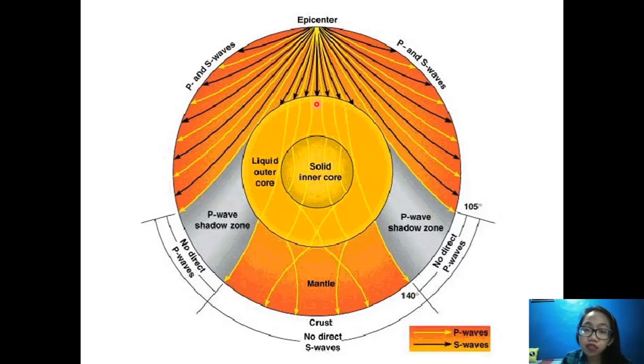That means that there was a change in the material, and that's our basis for specifying layers of the Earth. The behavior of our seismic waves helps us estimate the materials within our planet.